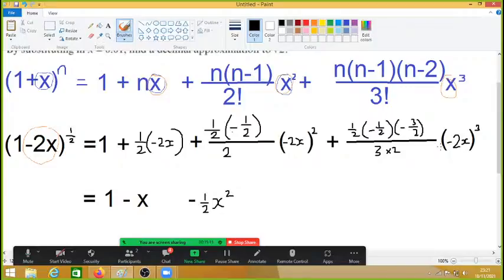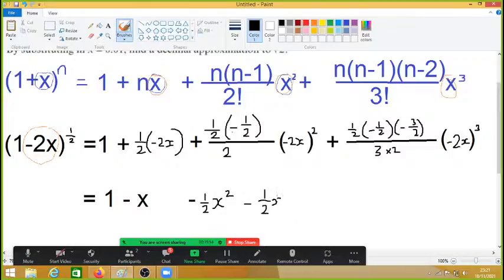So try to make sure you get the minus 2 in brackets and cubed when you're typing that into your calculator. Okay, and you should end up with minus a half. So that's minus a half x cubed.